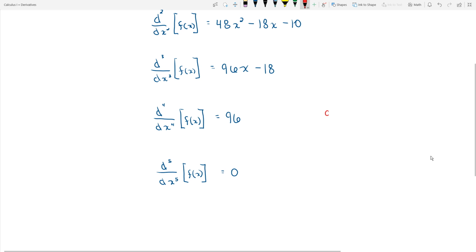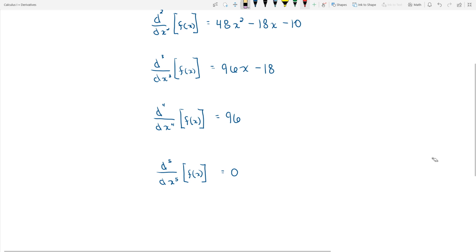So if we say that 96 is a polynomial, polynomials we typically see x raised to a power. Well, it's x raised to 0 already. And we know that anything raised to a 0 power is just 1. So that's the same as 96 times 1.